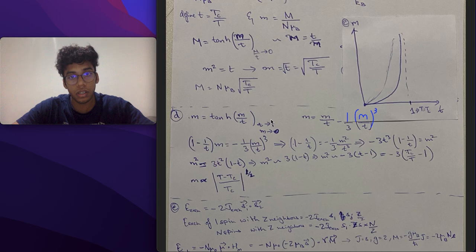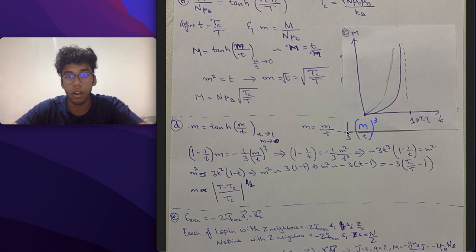What we do here is we take the first order Taylor expansion. So far we did the 0th order expansion, and now we take the first order Taylor expansion. This is something that I still don't understand, especially m equal to t by m, and how that works. That's one thing I need to figure out, but it'll take some time.